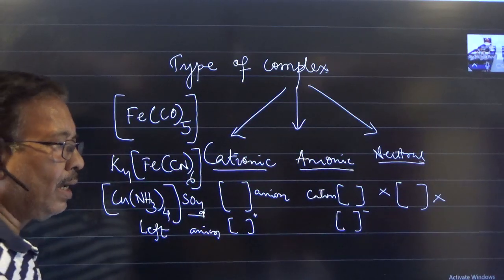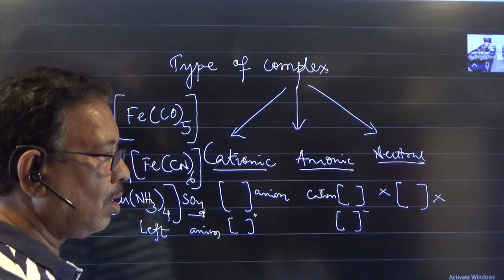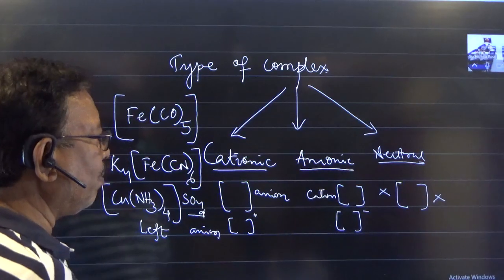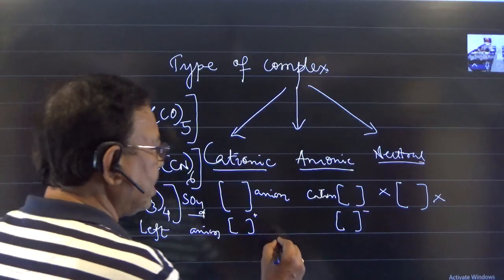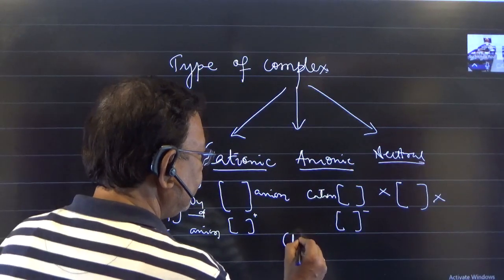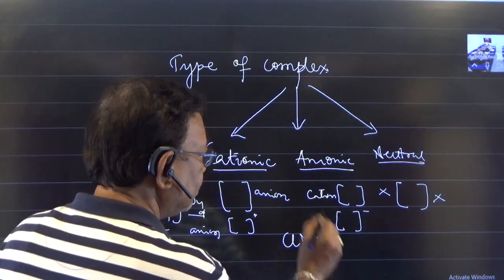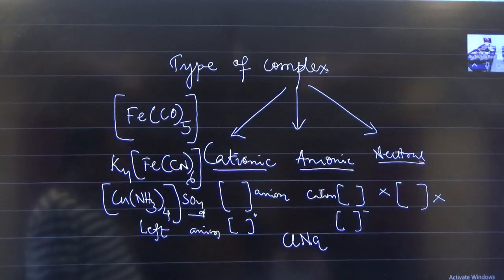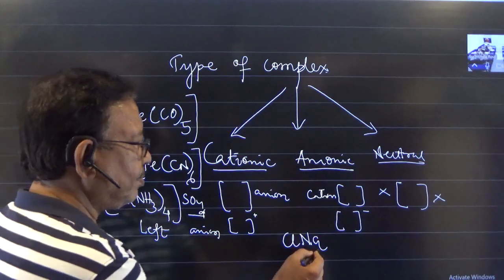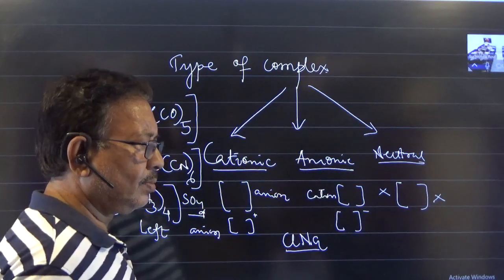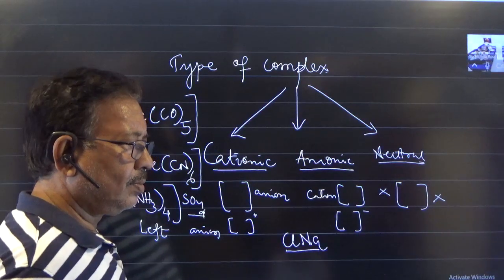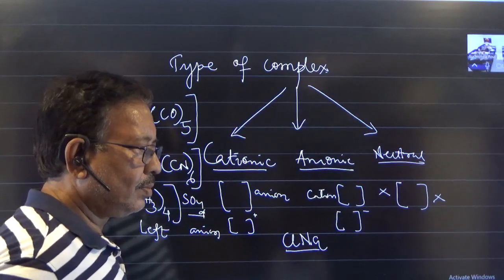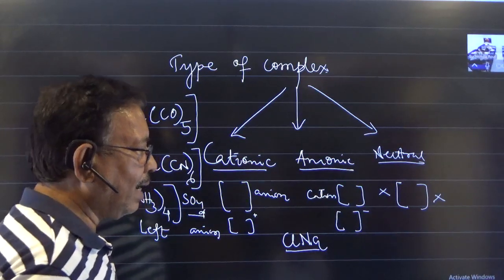Can you tell me which is cation and which is anion?